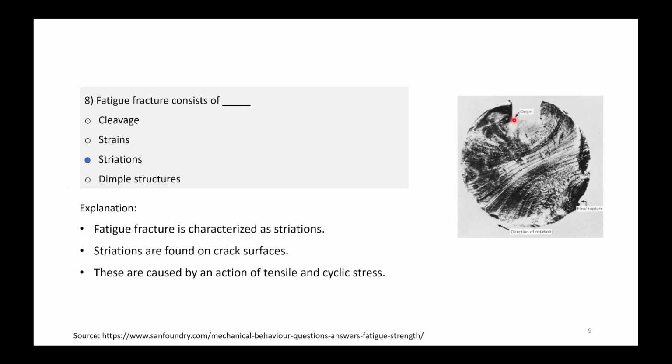In this picture we can see that the crack will initiate and there are beach marks and striations seen. So this will be the answer. In case of fatigue fracture, it is characterized by striations. These are found on the crack surface. These are caused by the action of tensile and cyclic stress.